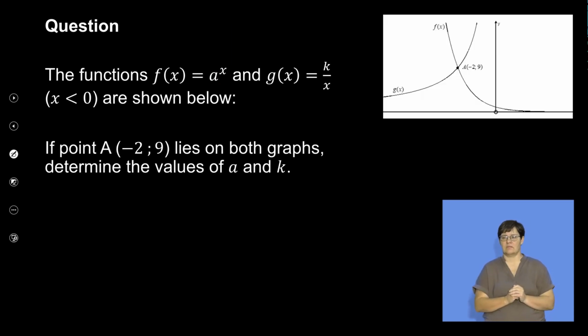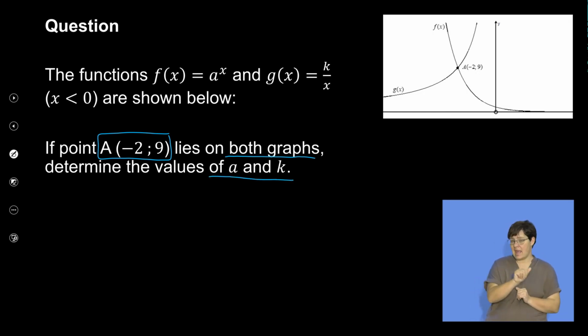Now, they said x is less than 0. So x being less than 0 tells us that it is in the second and fourth quadrants, but they just drew the one in the second quadrant. Point A, which is this one, lies on both the graphs, and we need to find the value of a and k.